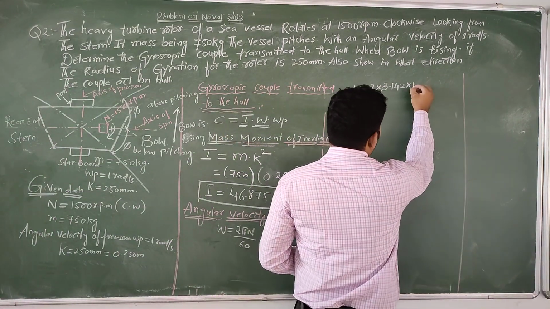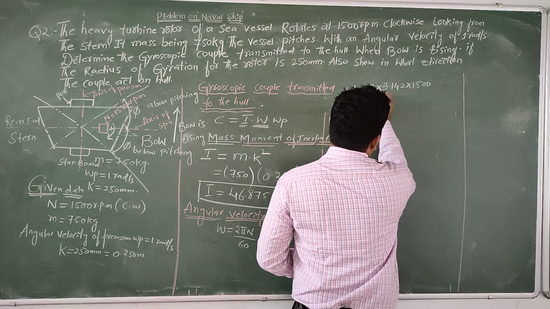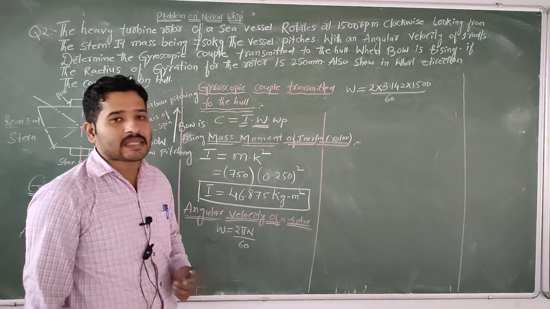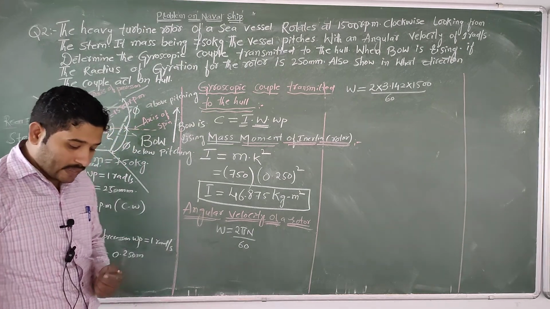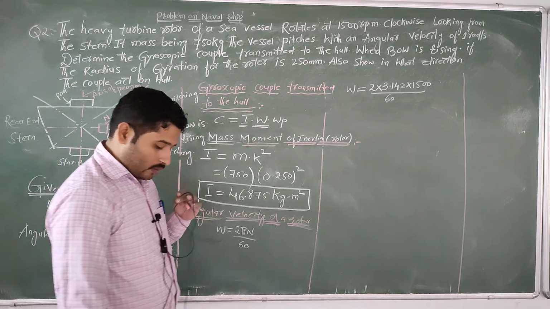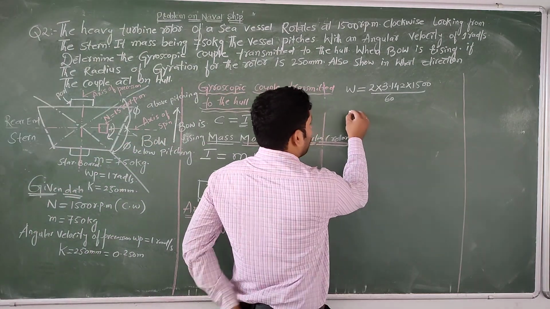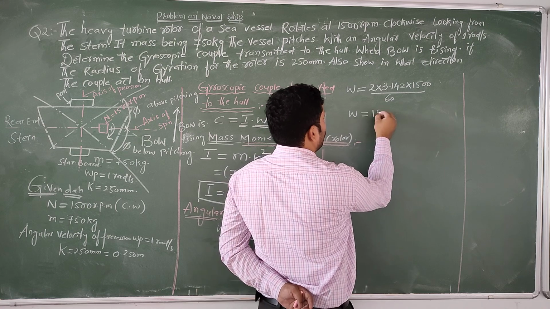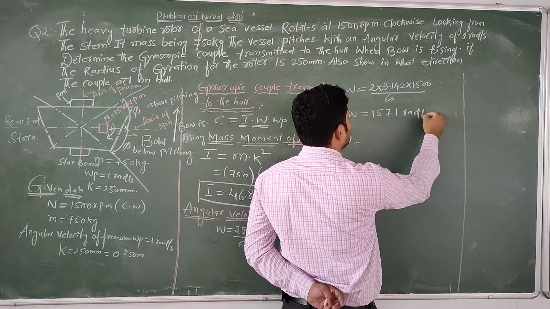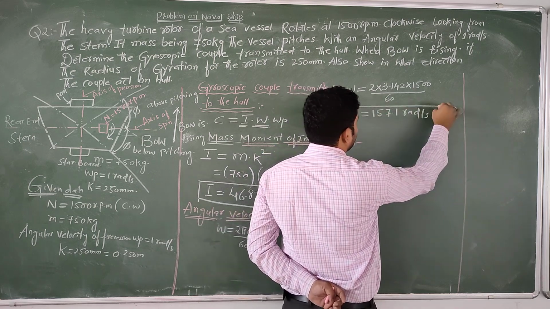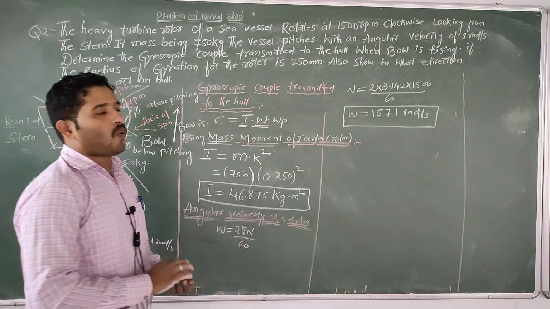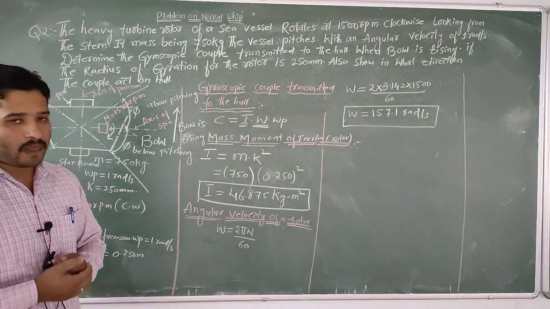Then 1500 rpm by 60, if you divide this with the help of a calculator, you will get omega equal to 157.1 radian per second.